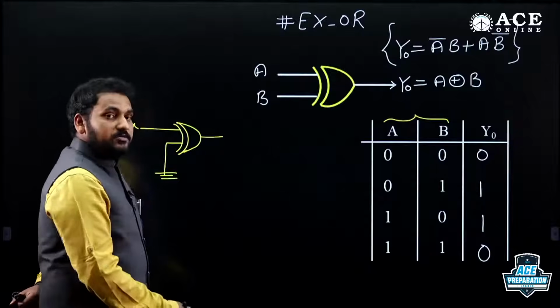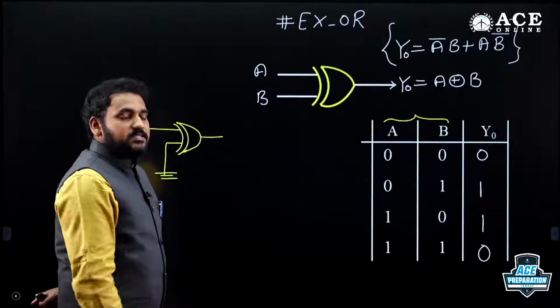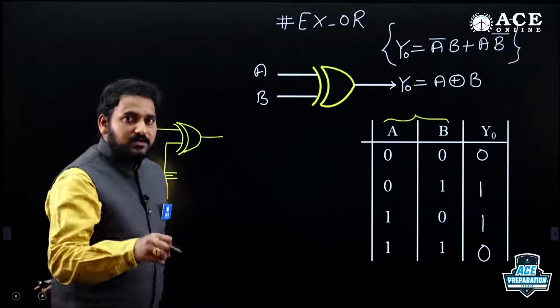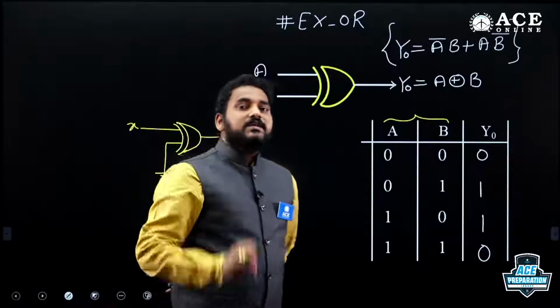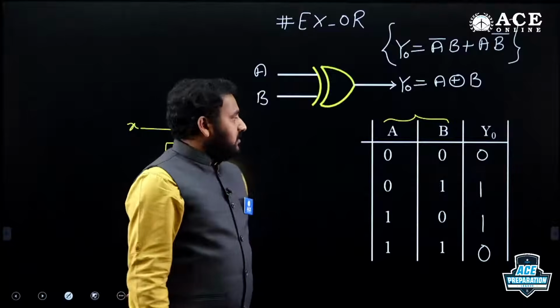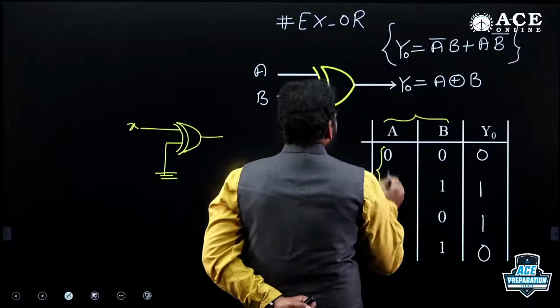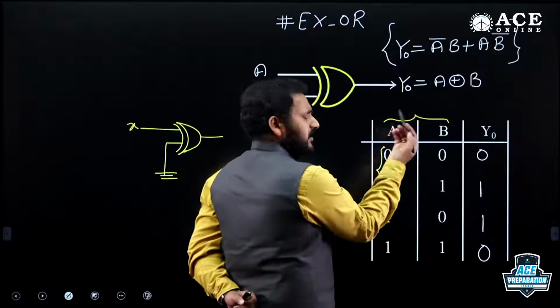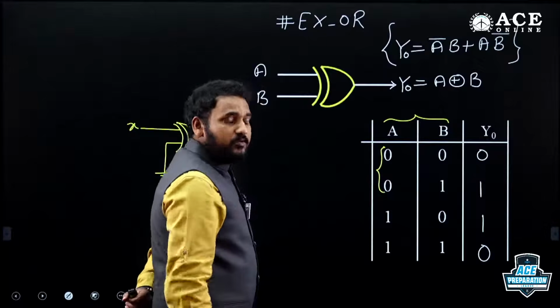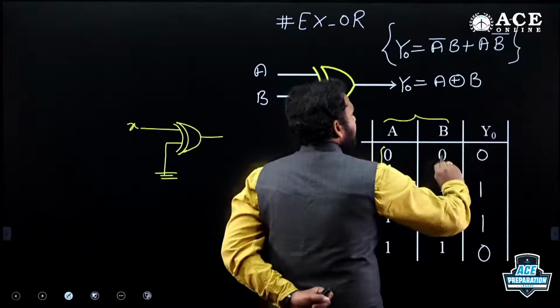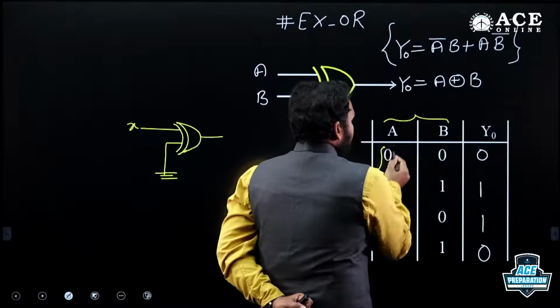This is the most common question you can find in ESA and some of the public sector exams. What is the behavior of the logic gate? You can find the options in terms of logic gate names. If one input is 0, like one input is grounded, whether A or B, no problem. What is the relation between the next input and the output?